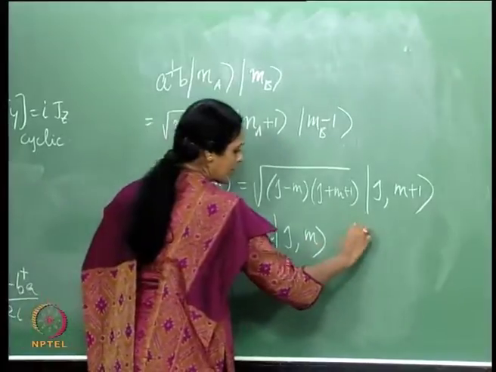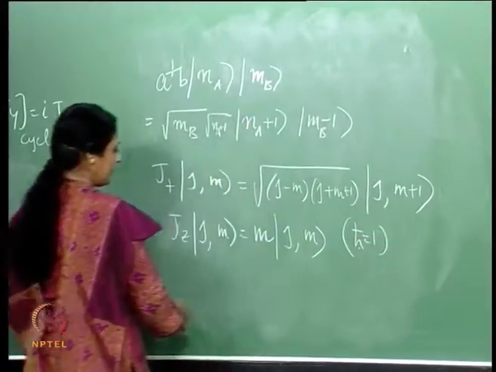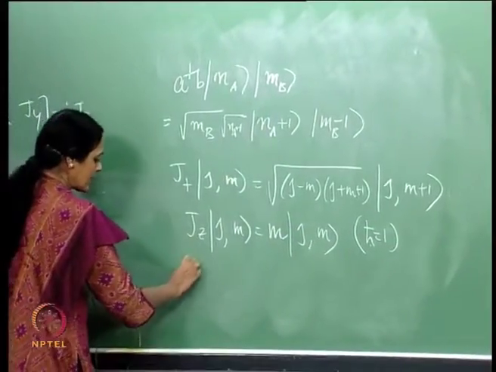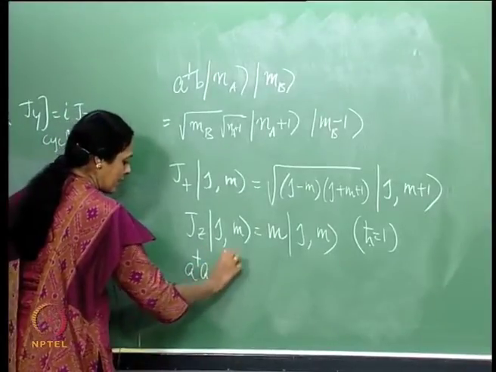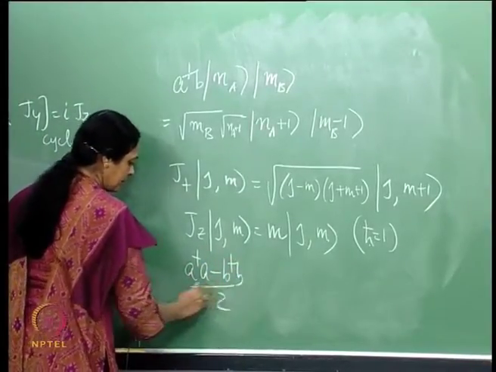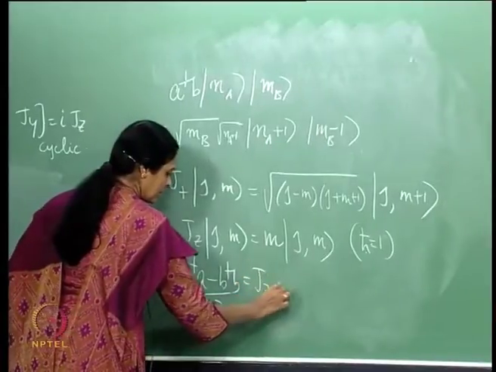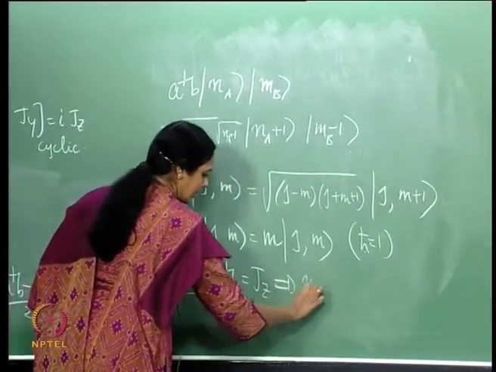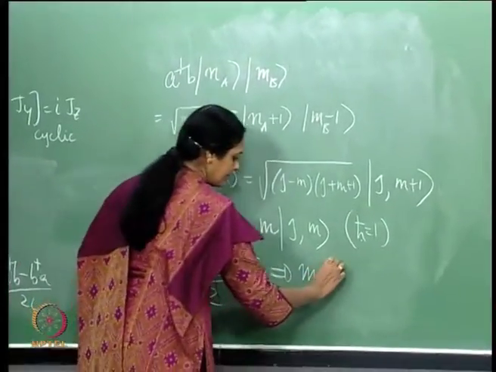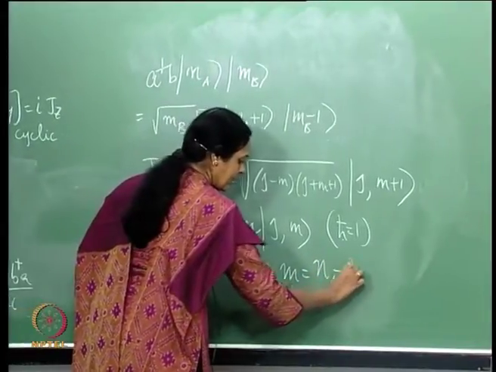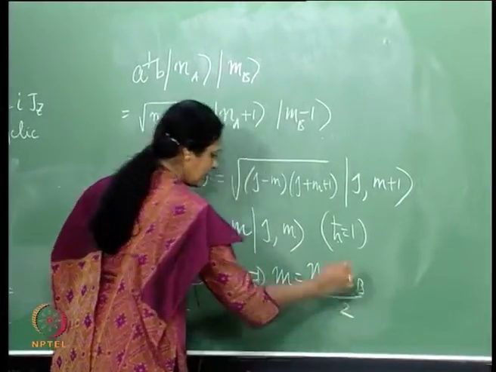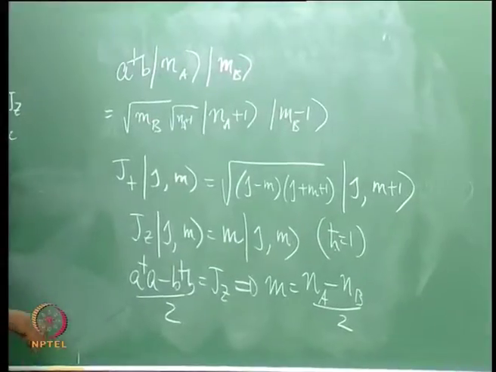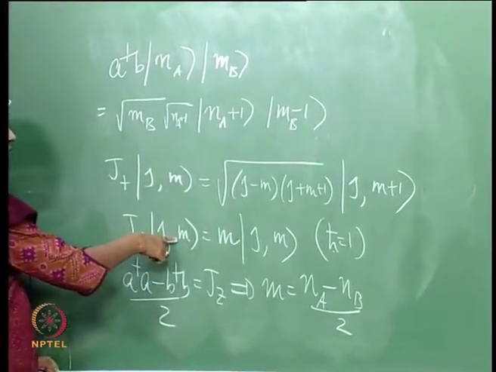You will recall that I have set h cross equals 1, and since Jz is A dagger A minus B dagger B by 2, this implies that m is simply Na minus Nb by 2, and therefore I have identified m.